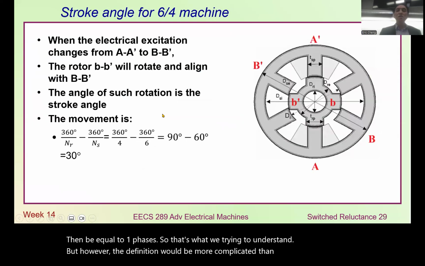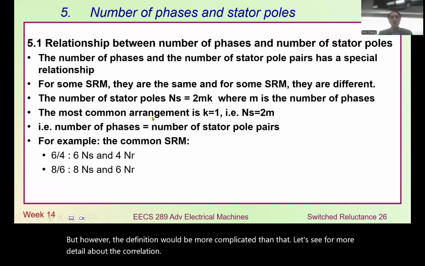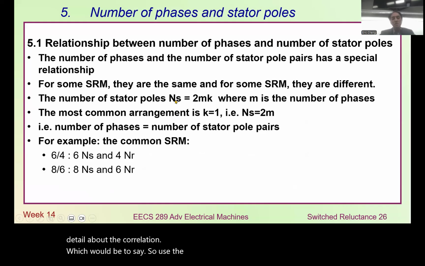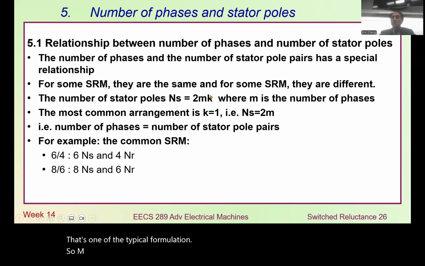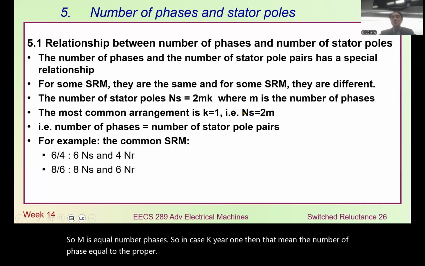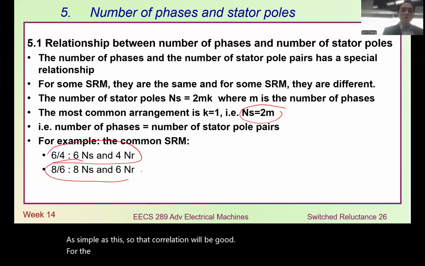Let's see more detail about the correlation. Usually the number of stator poles will be equal to 2mk. That's one of the typical formulations. m is the number of phases. So in case k equals 1, then the number of phases equals the number of pole pairs. As simple as this. That correlation will be good for the simple SR motors like 6-4 and 8-6.